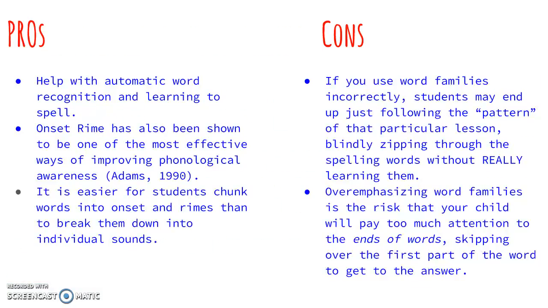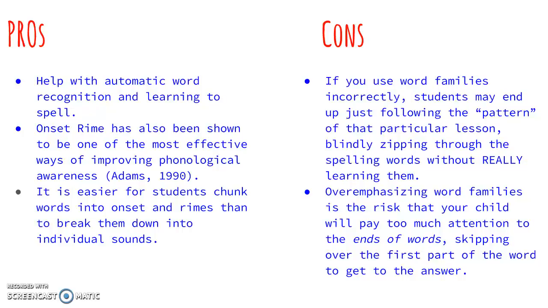So the pros is it helps with automatic word recognition and learning to spell. Onset and rhyme has also been shown to be one of the most effective ways of improving phonological awareness, and it is easier for students to chunk words into onset and rhymes than it is to break them down into individual sounds.